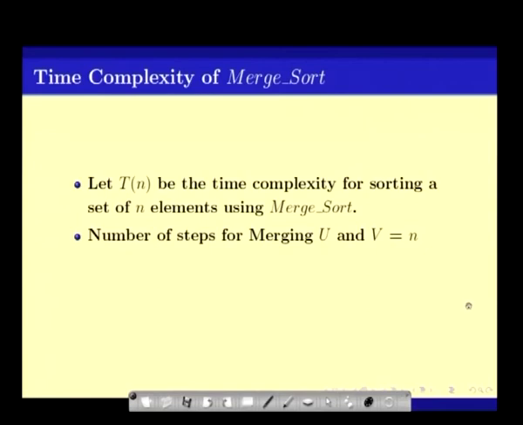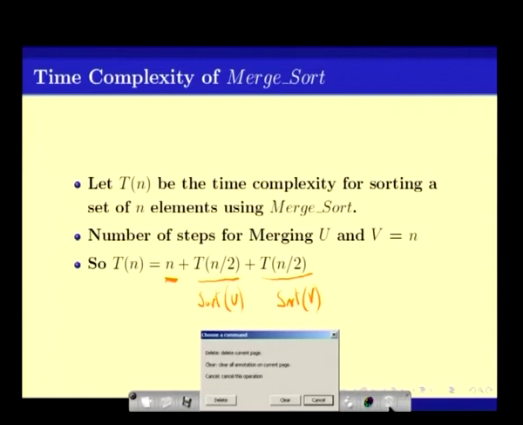So, the number of steps required for merging is n. Thus, T(n) will be n, which is for this merging, plus T(n/2), which is to sort u, and T(n/2), which is to sort v. This is because we have been calling merge sort on u and v recursively.